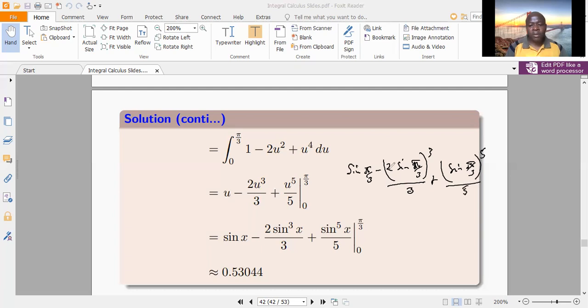That's when I put the upper limits. The answer that I get here, I must subtract from it this answer. Sine, instead of x, I'm putting the lower limit, and then 2 sine 0 raised to 3 divided by 3 plus sine 0 raised to 5 over 5. And when you do that, this is what you get.